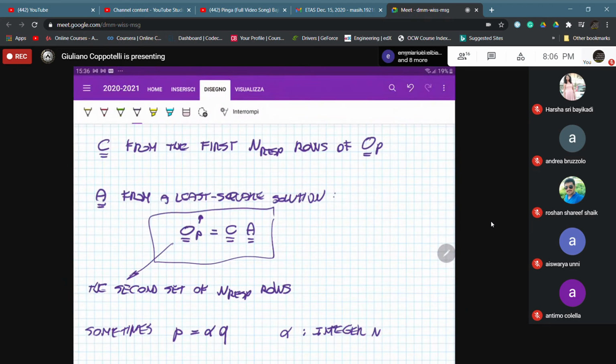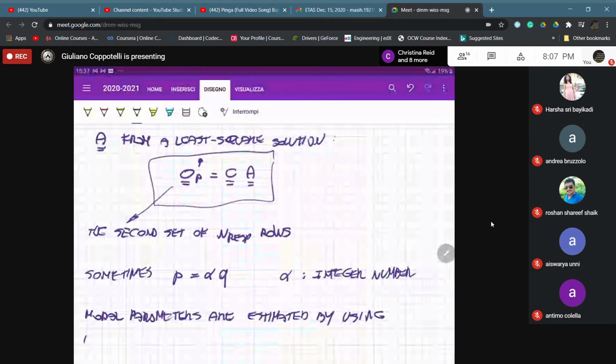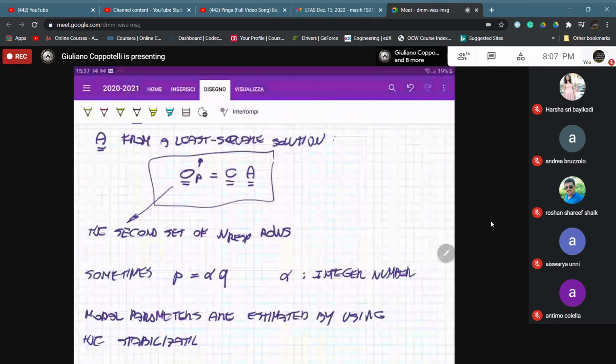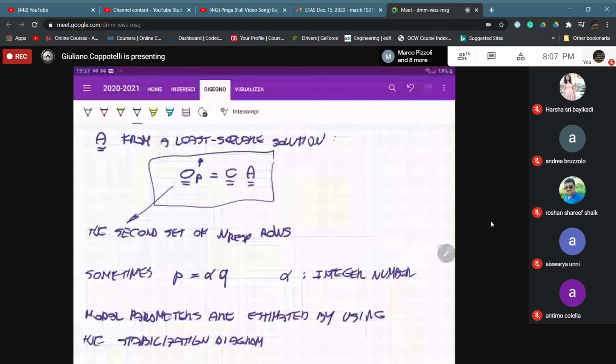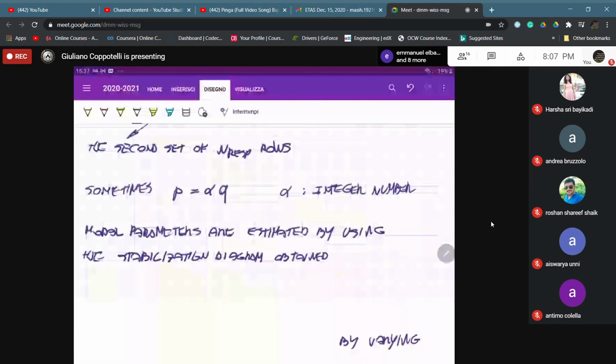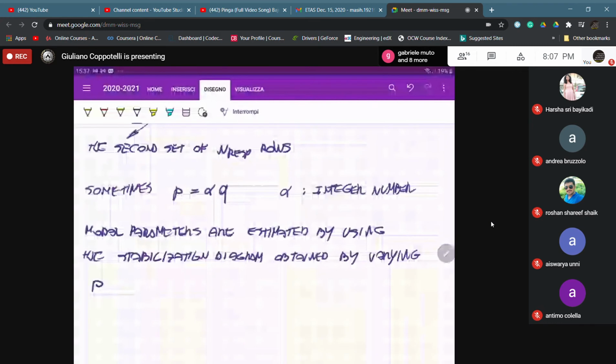Okay, and therefore the modal parameters are estimated by using the stabilization diagram that we already considered, obtained by varying P. Okay, so we increase P, we have a different and increasing size of your Hankel matrix.